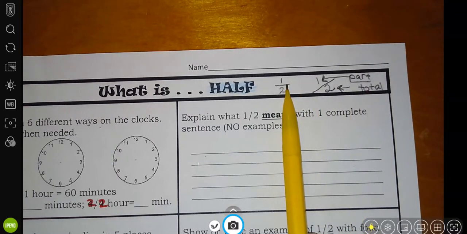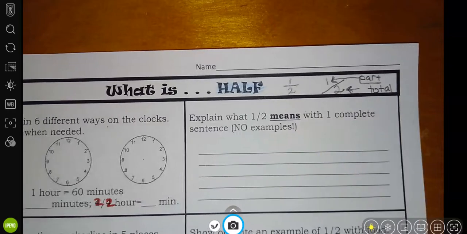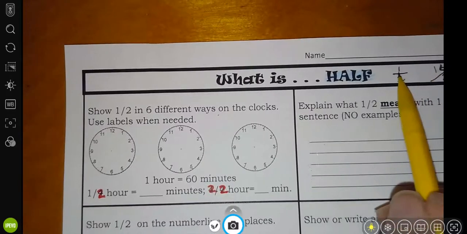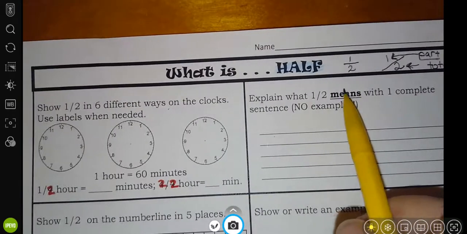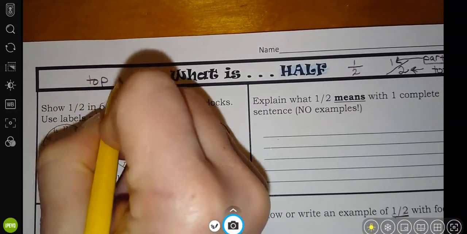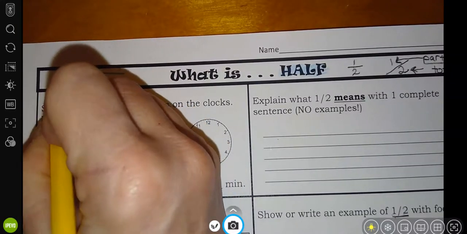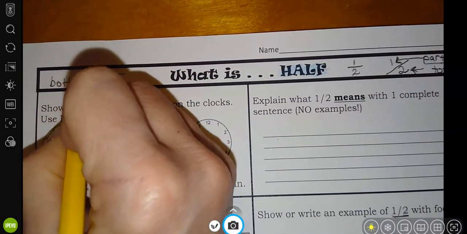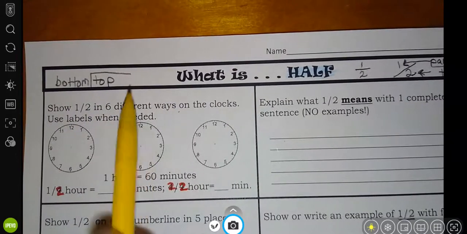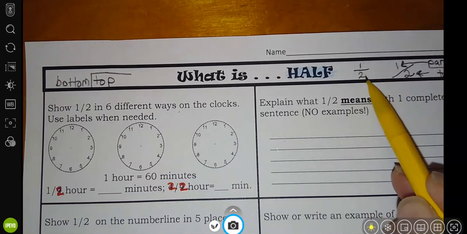Now, something else that's interesting, I mentioned that fractions are related to decimals. So you can always take the top number and divide it by the bottom number. So in a fraction, 1 divided by 2.